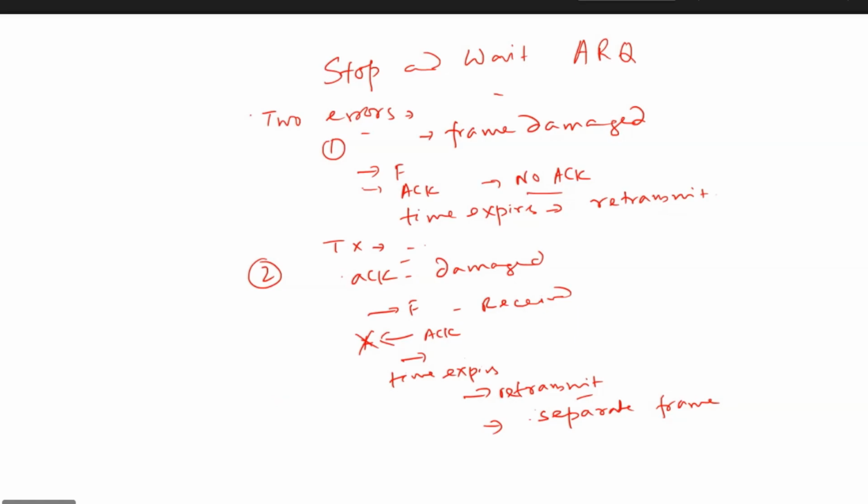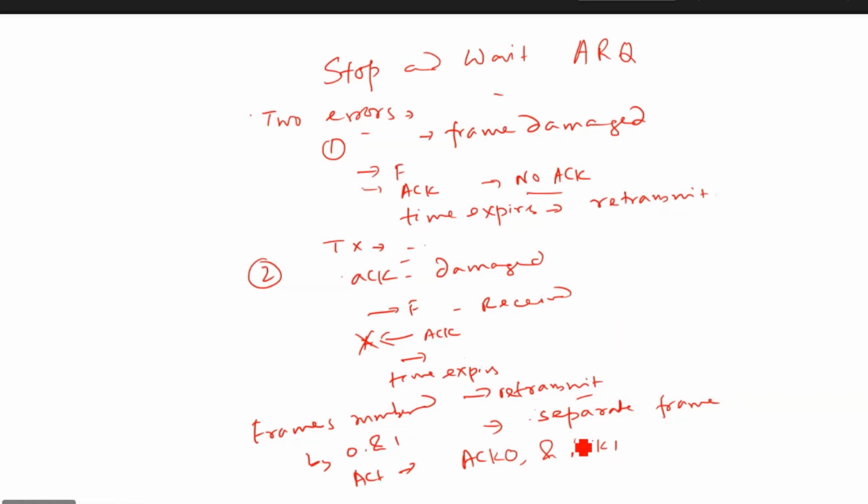It is avoided by numbering the frames, by labeling them. Frames are numbered 0 and 1. Acknowledgements are also numbered, as ACK 0 and ACK 1.